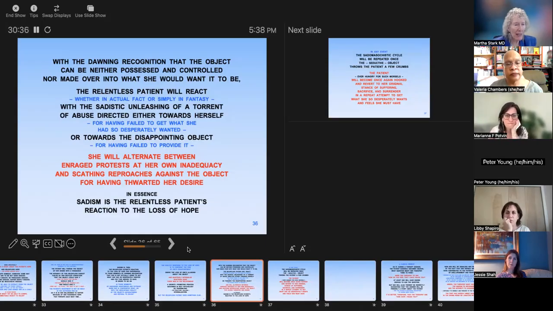She will then alternate between enraged protests at her own inadequacy and scathing reproaches against the object for having thwarted her desire. In essence, sadism is the relentless patient's reaction to the loss of hope.